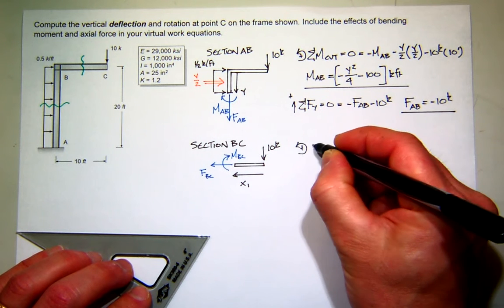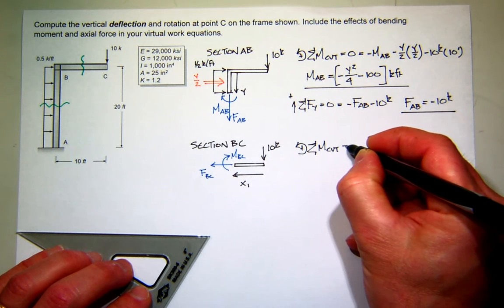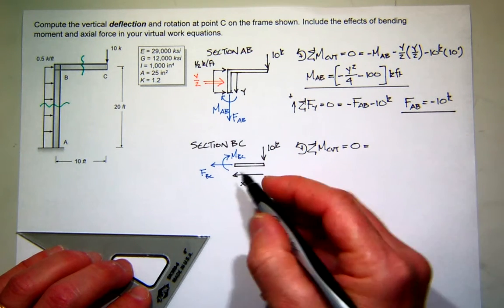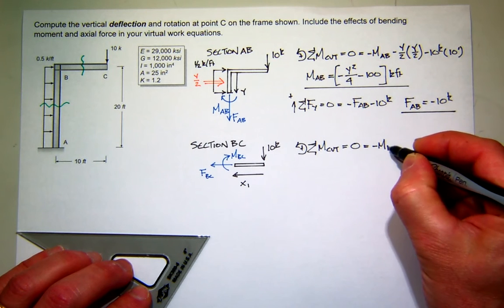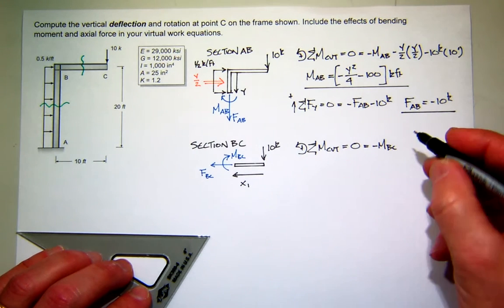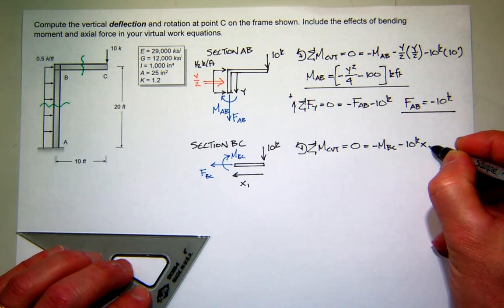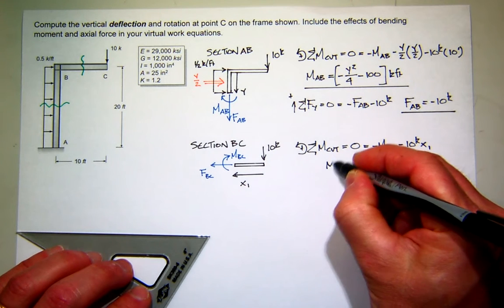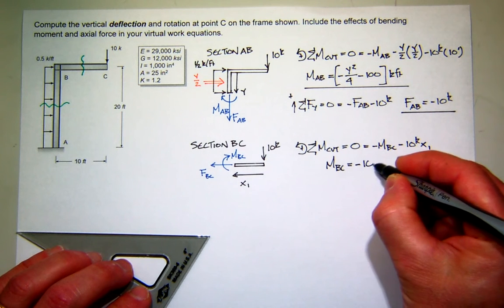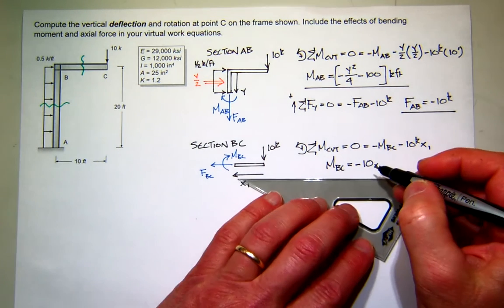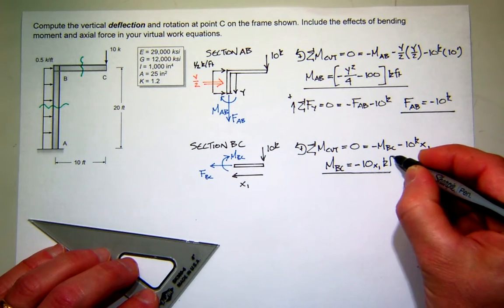So if I sum moments of this free body diagram about the cut surface, make sure they're in equilibrium, what do I get? Well, using right-hand rule, this is a negative moment, BC. And this 10 kip force also creates negative moment and has a moment arm of x1. So it looks like the moment in BC is equal to negative 10 x1. And again, it has units of kip feet.